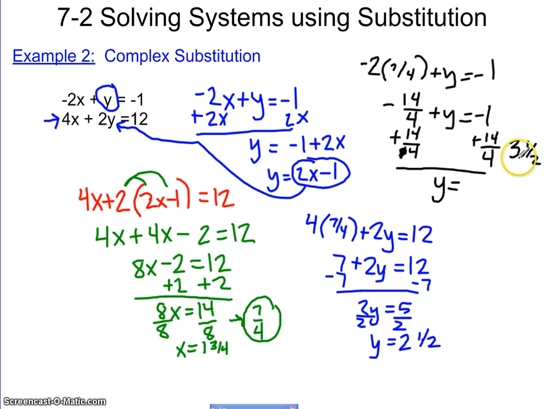So we're going to do negative 1 plus 3 1/2, which gives us 2 1/2. So therefore we know we have the right y value because we got it both times, unless we made a glitch, but I don't think we did. And so we would write our final answer however we want to, in mixed fraction or improper fraction form. But I know my system of equations solution is 7/4 and 2 1/2.